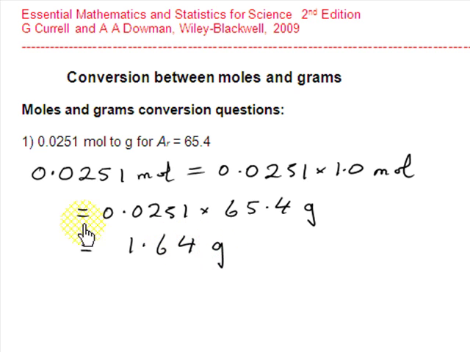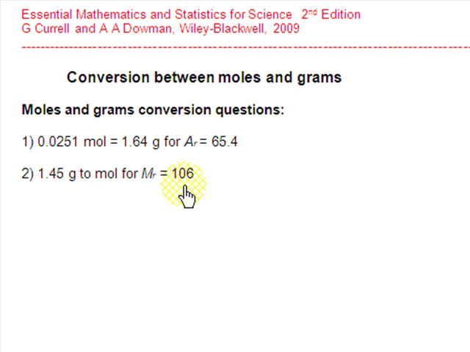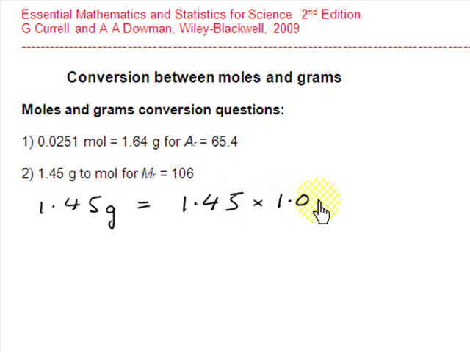1.64 grams. In the next question, for a compound with a relative molecular mass of 106, we have to convert 1.45 grams to moles. And so as before, we know that 1.45 grams is the same as 1.45 times 1 gram. And then instead of 1 gram, we can write the equivalent in moles.